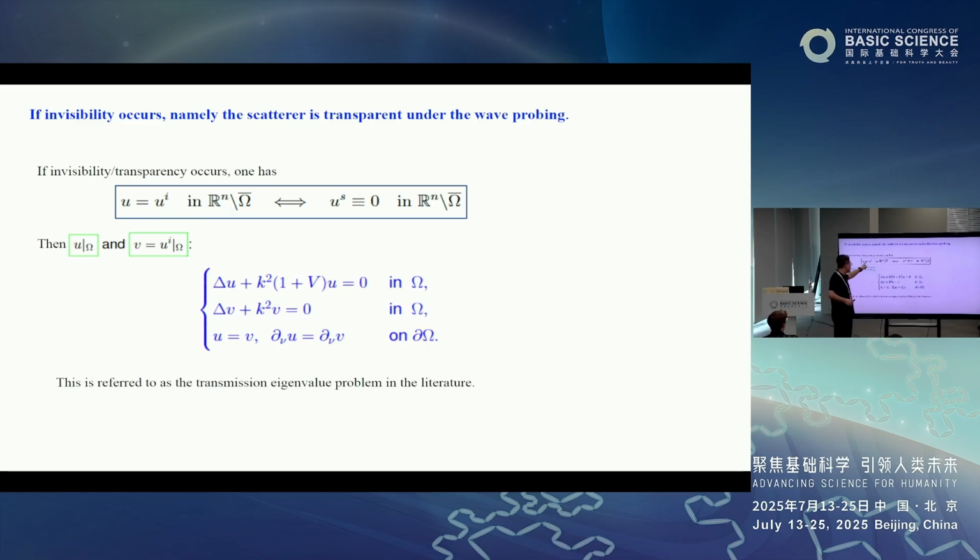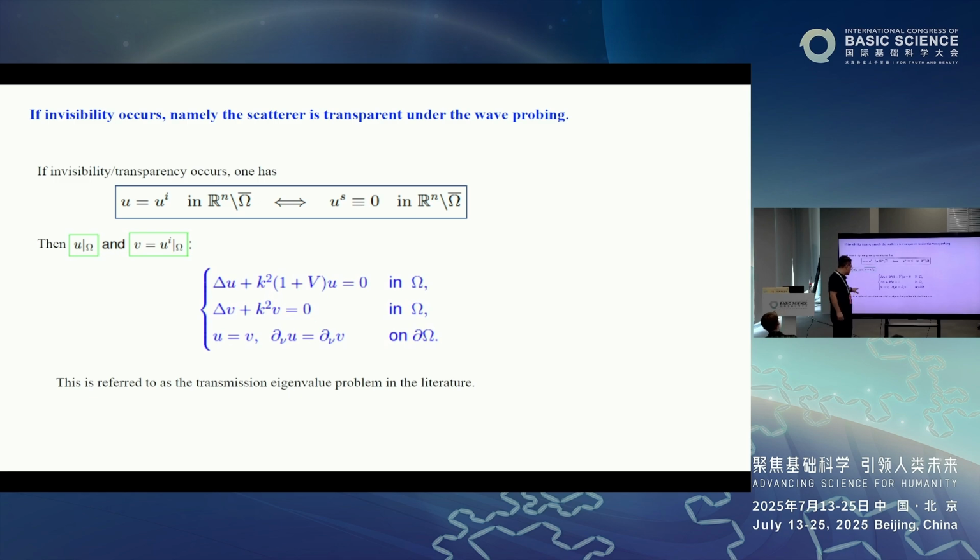That means the scattering pattern is trapped inside this omega, inside this object. So if that occurs, you can immediately deduce that if you restrict the incident wave and the total wave to inside this omega, they exactly satisfy this coupled PDE. This transparent boundary condition comes from the classical transmission condition for a second order PDE.